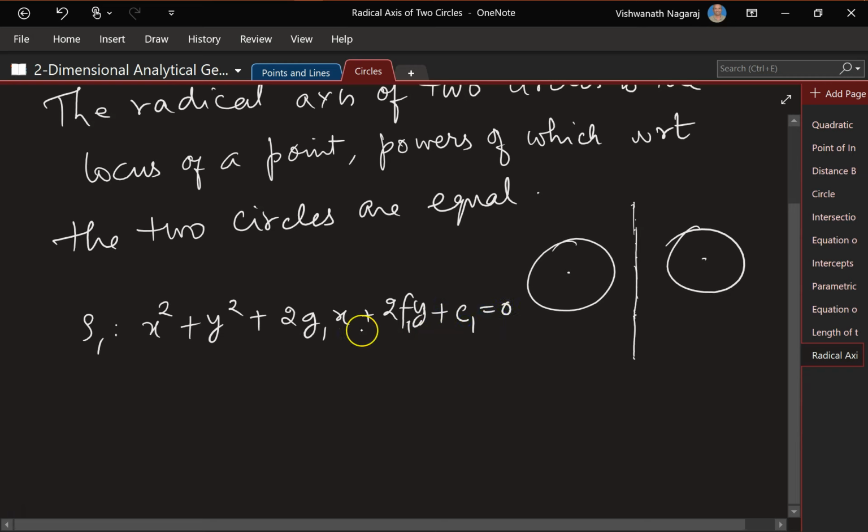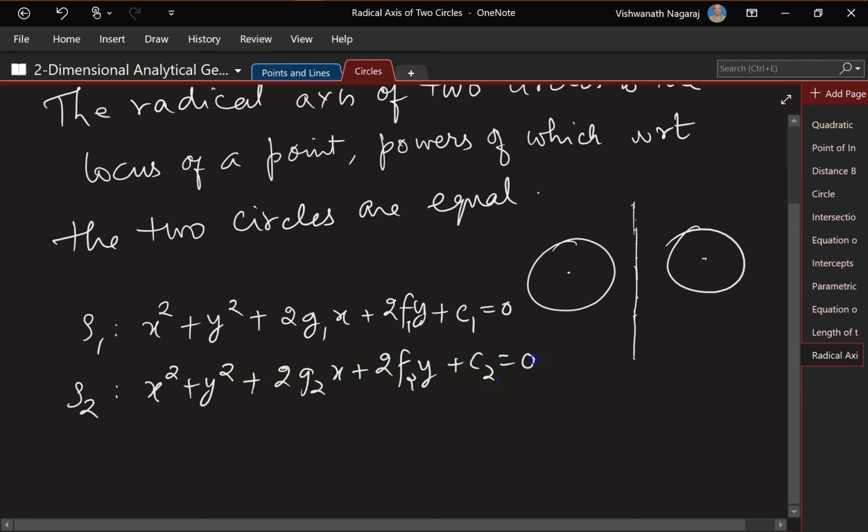Remember, between two circles the only things that would be different are g, f and c. So S2 is x square plus y square plus 2g2x plus 2f2y plus c2 equal to 0.